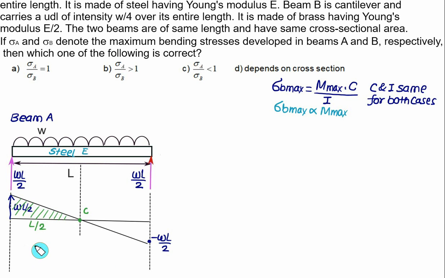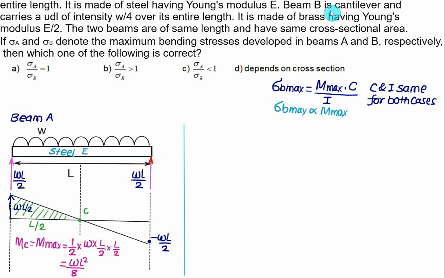So the maximum bending moment M maximum is the area of the shear force diagram, 1 by 2 into W into L by 2 multiplied by L by 2. So we have WL square by 8. That is the maximum bending moment, WL square divided by 8.